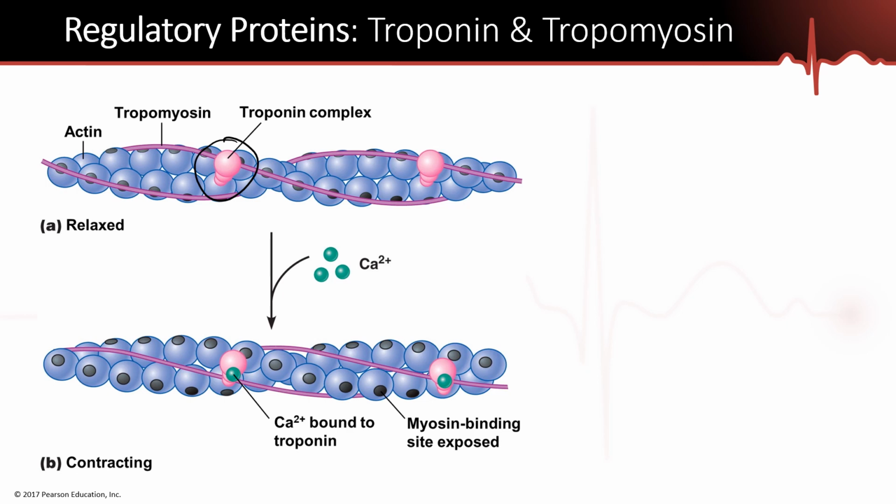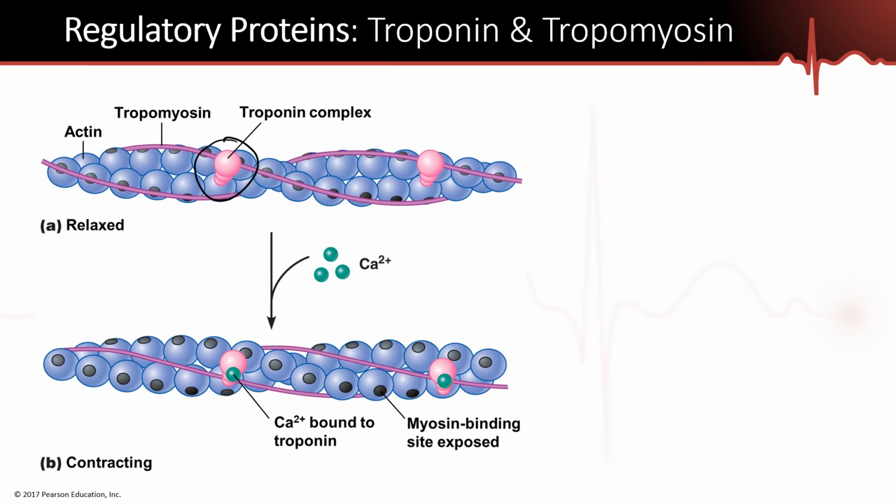The troponin protein attaches to actin. And to be clear, the actin filament itself is made up of two F-actin strands wound around each other in a double helix. That's what makes up the actin filament itself.